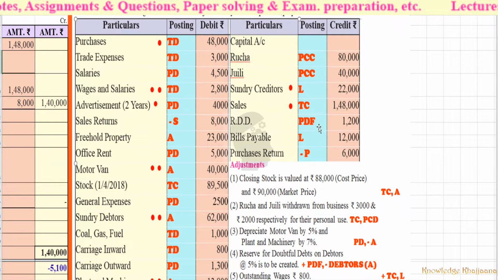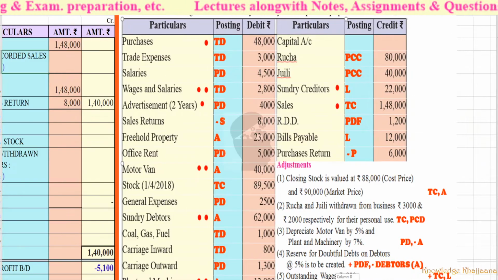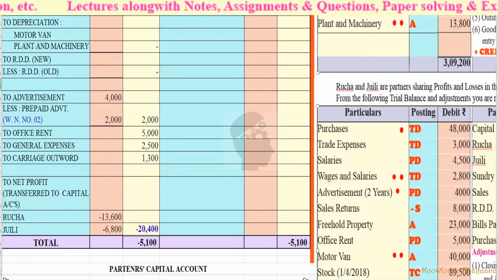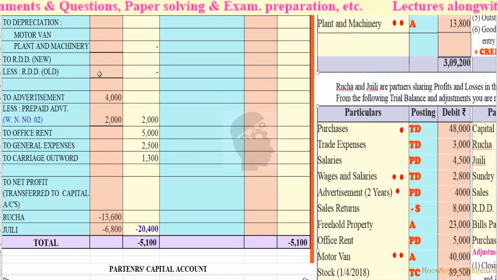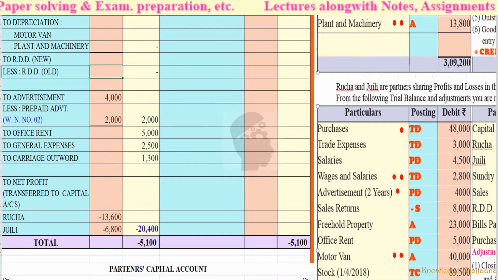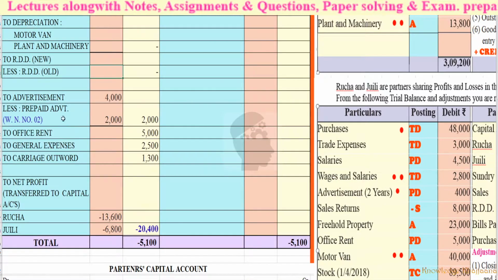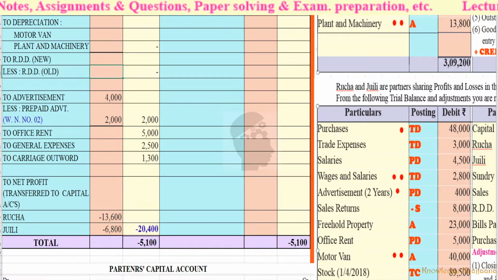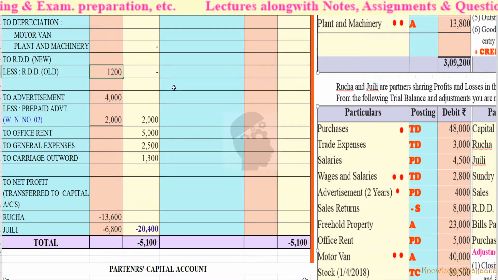As per the formula, it goes to the profit and loss account debit side. Old RDD is rupees 1,200, right? We have to deduct old RDD rupees 1,200.